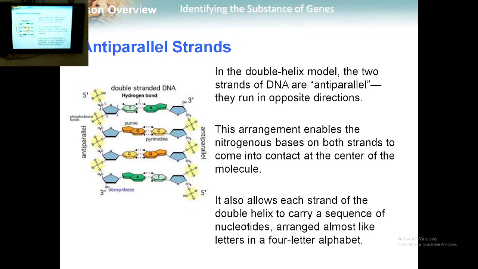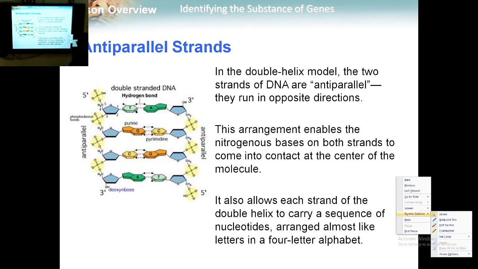After they built a 3D structure of the DNA, they found that the DNA strands are anti-parallel. What do we mean by anti-parallel strands? Anti-parallel means they run in opposite directions. If this is the direction of the first strand from 5 to 3, the other strand runs from 5 to 3 in the opposite direction.